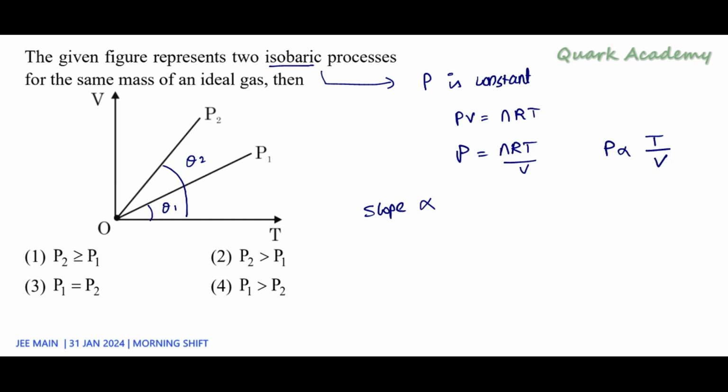In this case, the y axis is V and the x axis is T, so V by T. But what we need here is T by V, which means we have to invert it. So 1 by slope is equal to T by V.